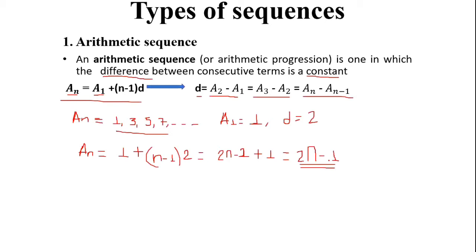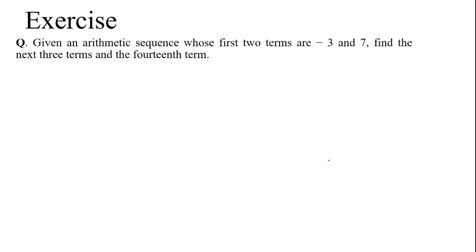Okay, here is another exercise on this arithmetic sequence. It says, given an arithmetic sequence whose first two terms are -3 and 7. The first two terms means A1 and A2.